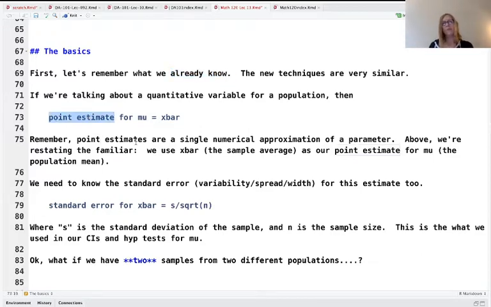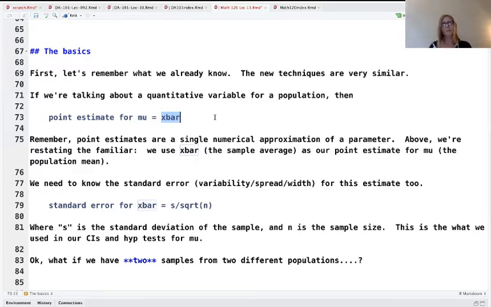Remember, the first thing we need is a point estimate. What's a point estimate? A point estimate is a single numerical estimate for what we think is going on with the population. It's always a sample statistic. And the one that we use for mu, of course, is x bar.